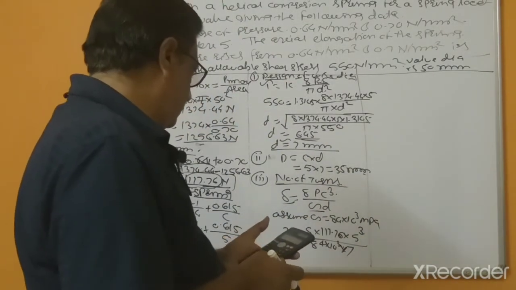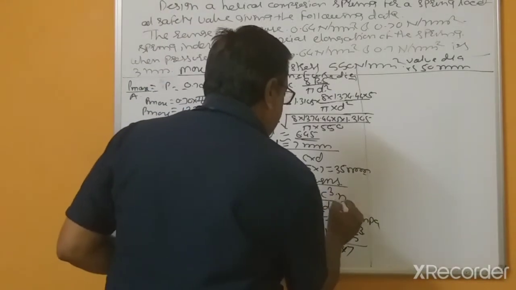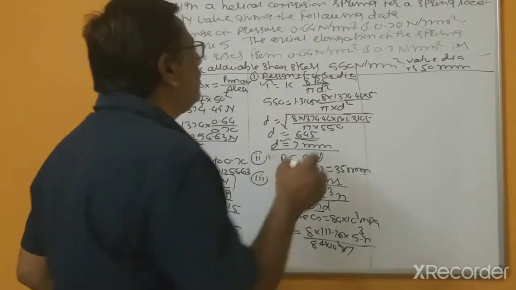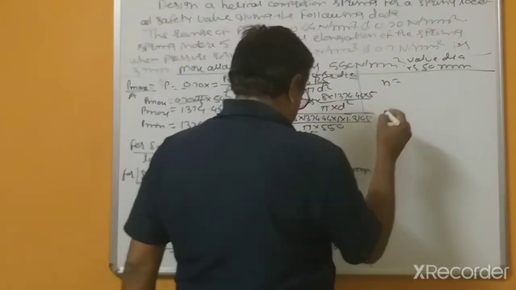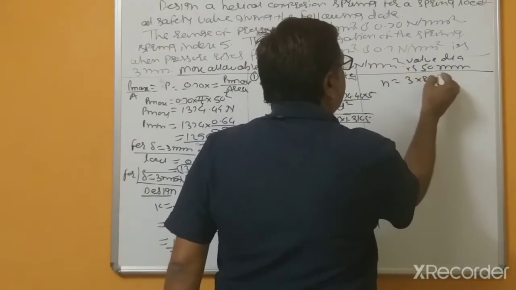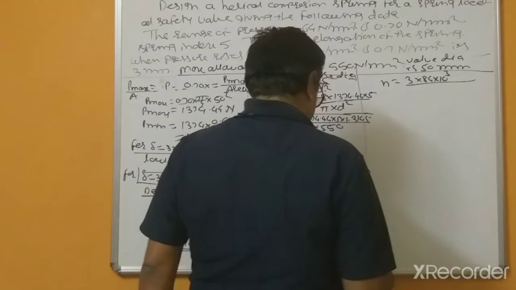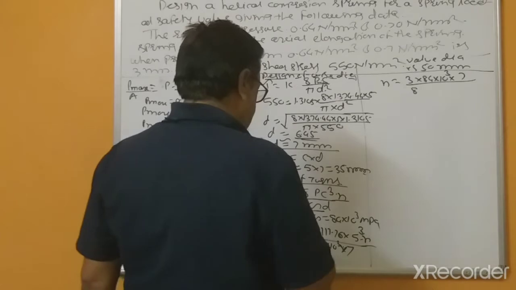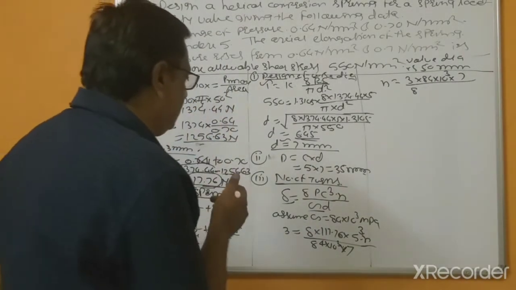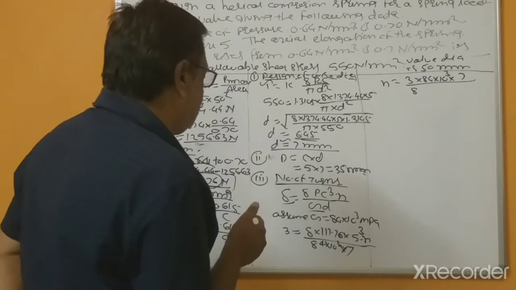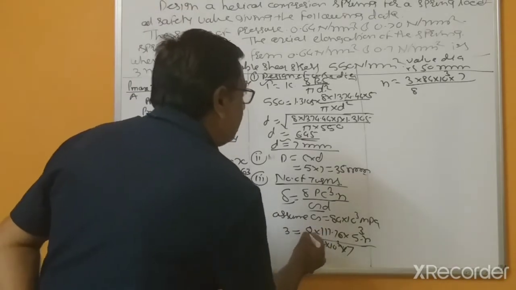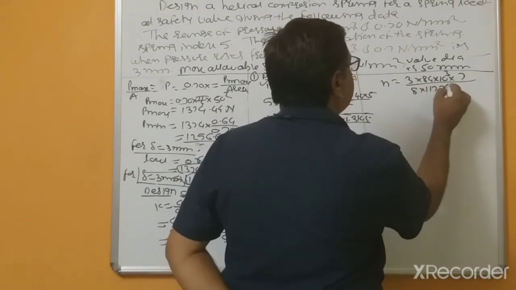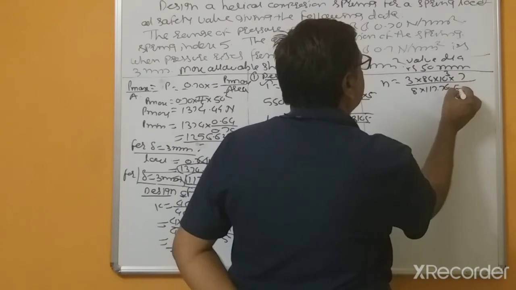So that's why I multiplied by this. N is the important term which is to be found out. So N equal to, what is the formula? 3 into 84 into 10 to the power 3 multiplied by 7 divided by 8 and 117.76, 5 cube.